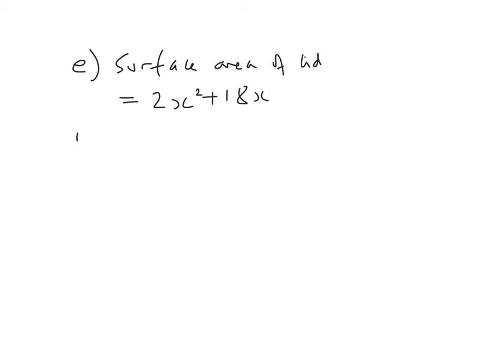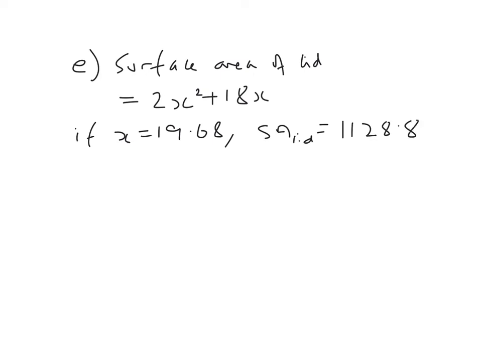Now for part E, the surface area of the lid is 2x squared plus 18x. So if x is 19.68, the surface area of the lid works out to be 1128.8.